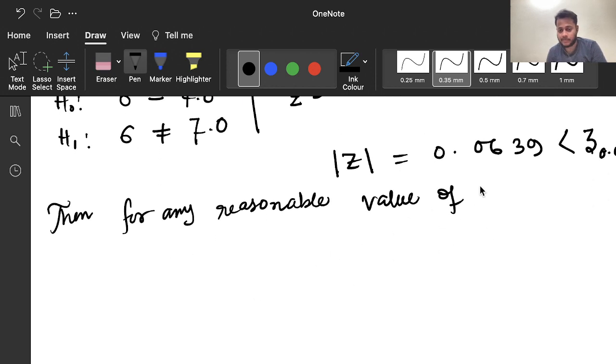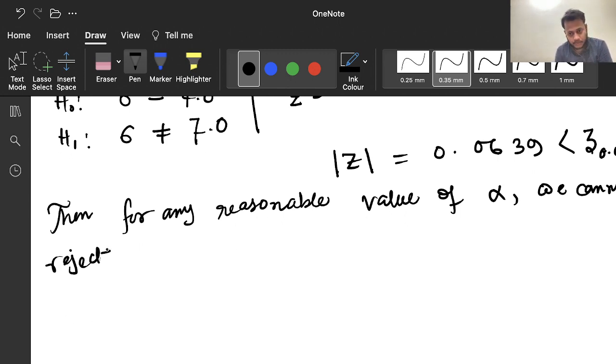So for any reasonable value of alpha we cannot reject the null hypothesis.